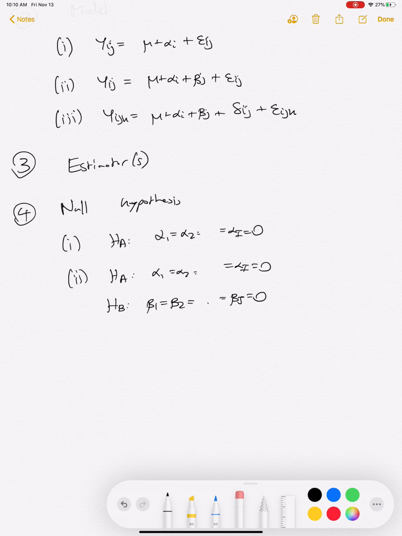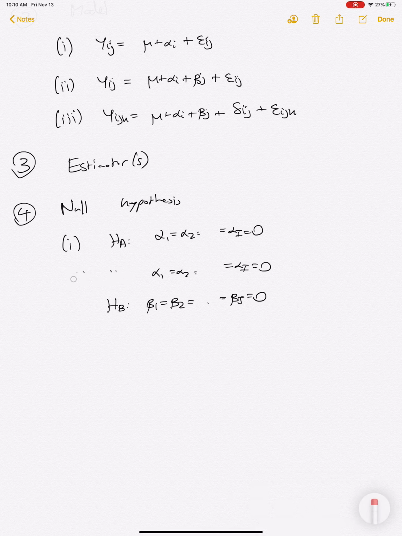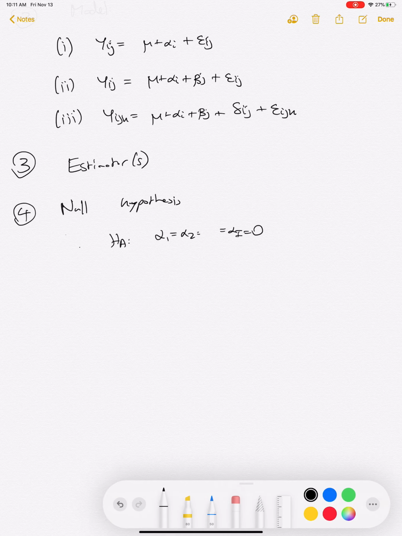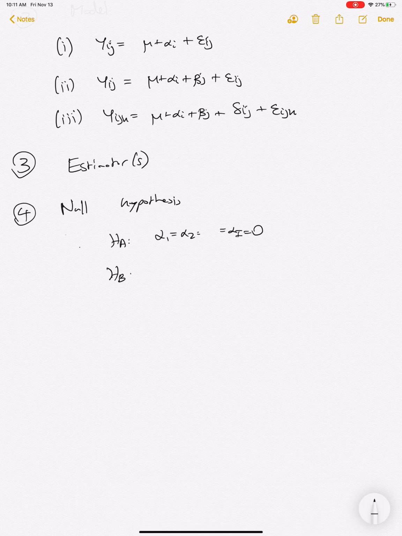Essentially, there are three different nulls, and they correspond to setting a set of parameters in the model to 0.